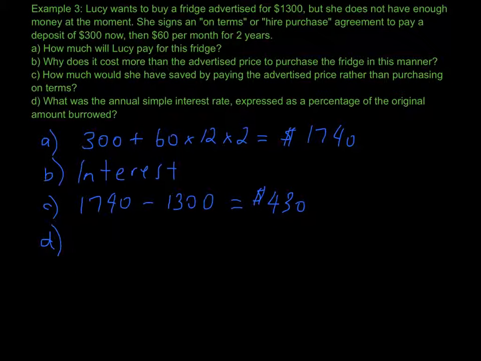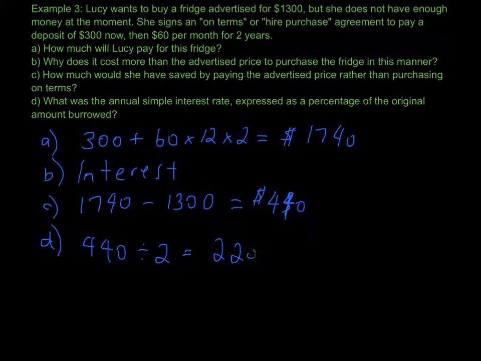D. What was the annual simple interest rate expressed as a percentage of the original amount borrowed? Okay, because we're talking about annual, we need to, that should be 440. We want to divide 440 by 2 because at the moment that's the interest we pay over 2 years.